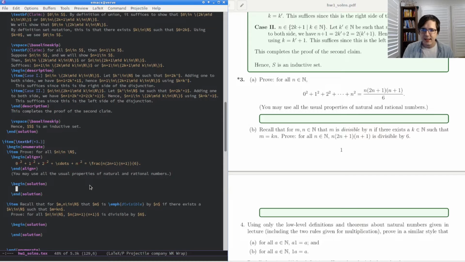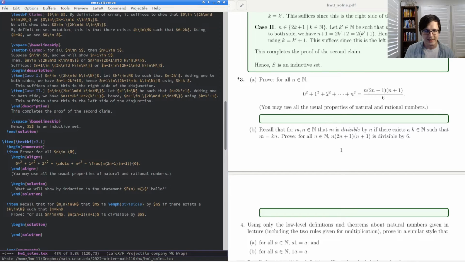Okay, so the thing that we're going to prove by induction is the statement P of n being, that's a little LaTeX trick.